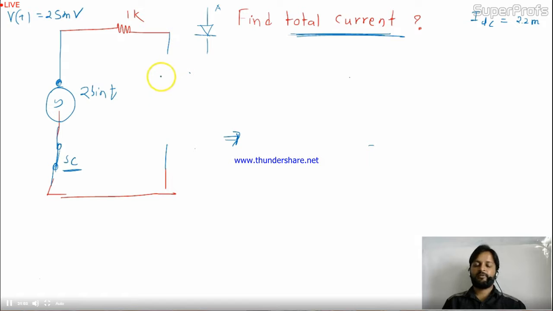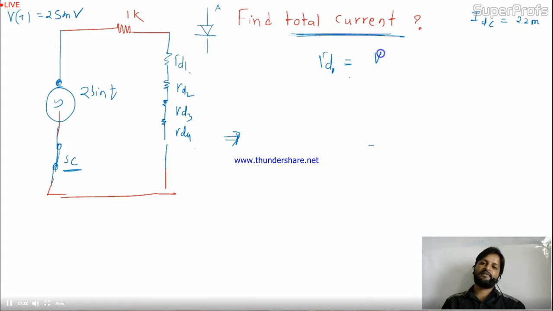What about these diodes? Now they are no longer working like a 0.7 drop battery. They are working like resistance. They are behaving like resistance for AC, like this. This is RD1, RD2, RD3 and RD4. Okay, what is RD1? RD1 is nothing but VT divided by IDC. The DC current you already calculated.